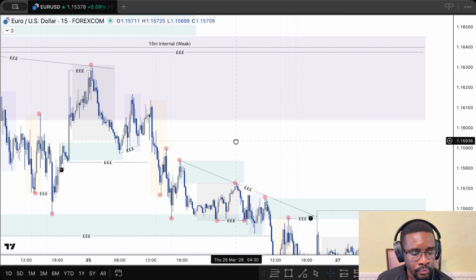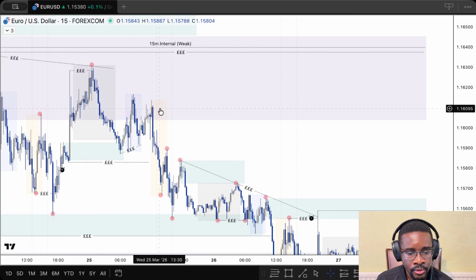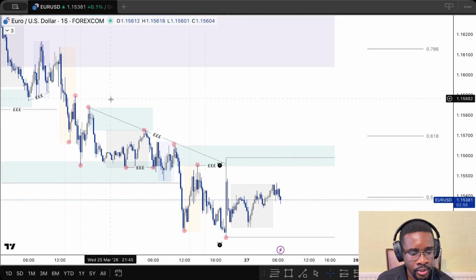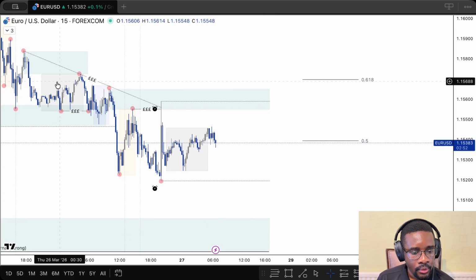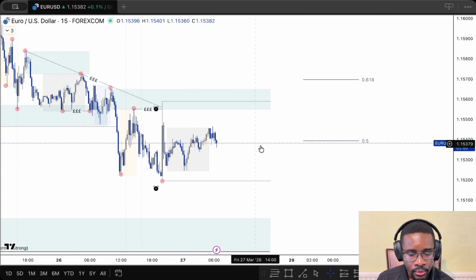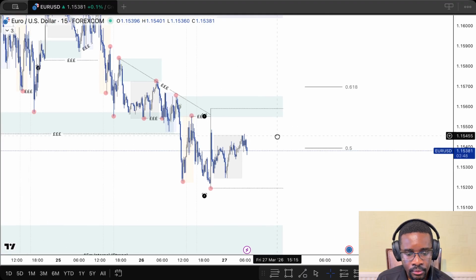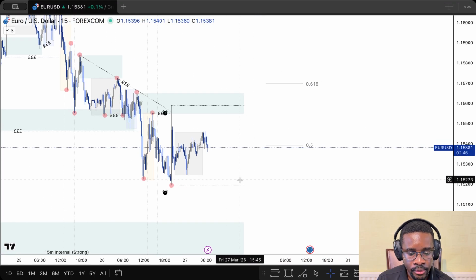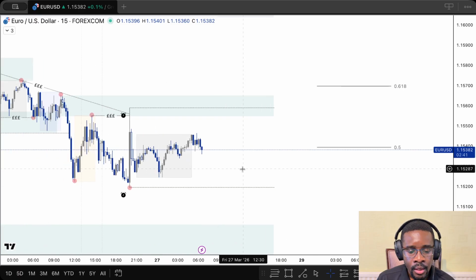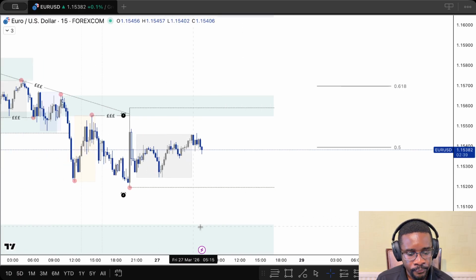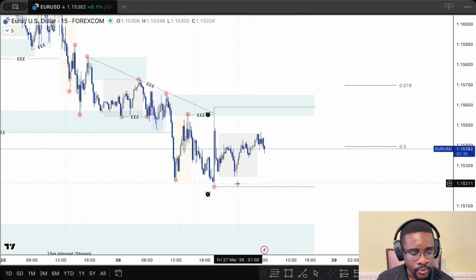Then of course we do have the structure highs, New York high, London high, which are closely stacked together. Okay. Right, so right now we're just seeing liquidity building up. So we just have to wait and see what happens with price at the moment.